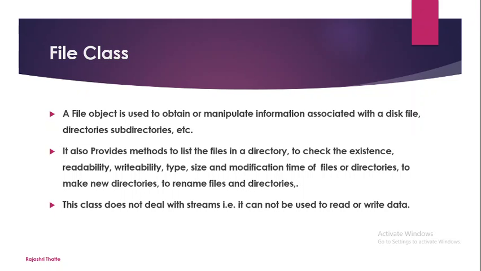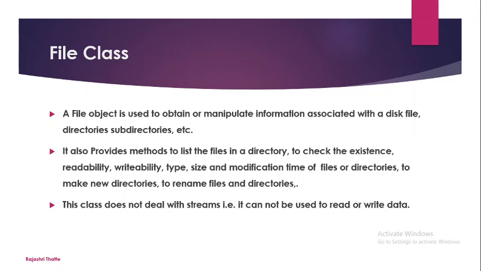I am not saying the information written within the file, I am talking about information about the file. It can be the name of the file, last modification date, size of that file, and many more. This is the information associated with every file.